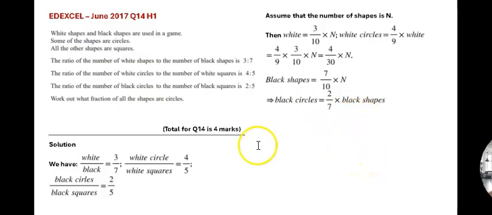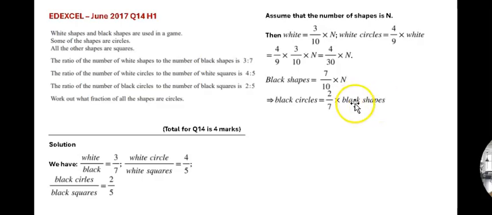And the black circles are 2 out of 7 of the black shapes, because black circle over black square is 2 over 5. But of the black shapes, black circles are 2 over 2 plus 5, which is 2 over 7 of black shapes.